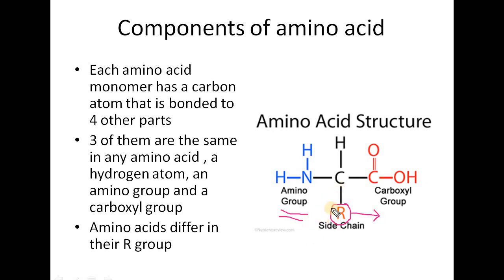We have different hydrocarbon chains that make up this R, and how they differ makes the different amino acids. So this is the structure of the amino acids.